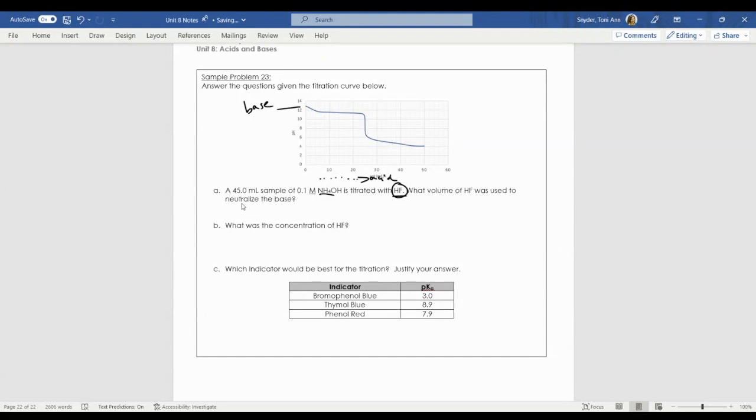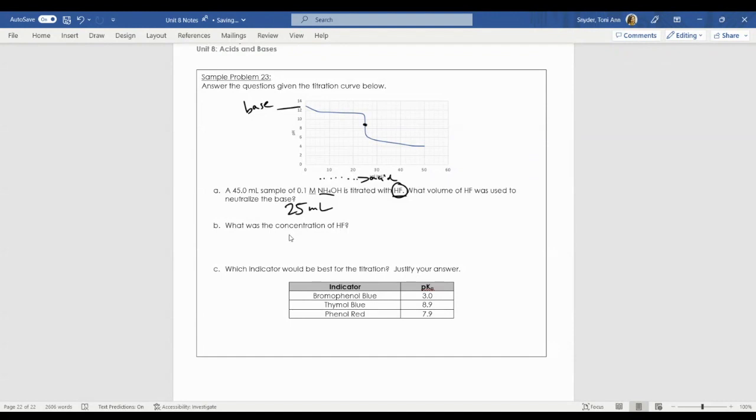We know that we've neutralized that base when I get to that equivalence point right here, because this is where the moles of acid equals the moles of base. And if I go down, we can see that we've totally neutralized that base when I added 25 milliliters of that acid. Once I go past that point, the pH drops quite a bit because, of course, you have a lot more acid present.